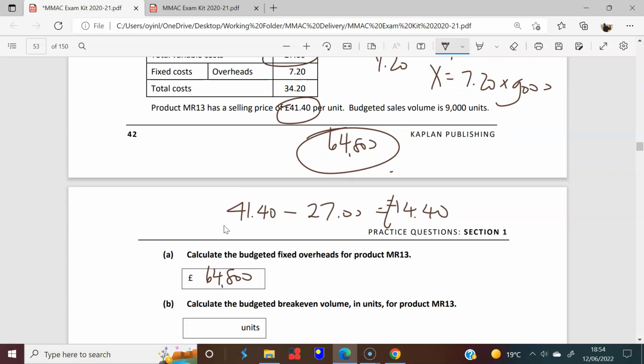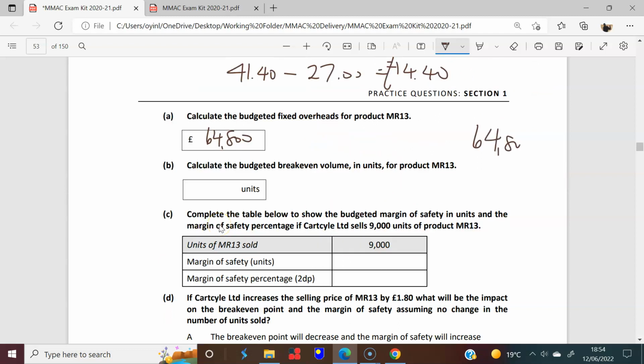So we now have 64,800 divided by the £14.40, which is equal to 4,500 units. So 4,500 units is what we're dealing with here. It says that the plan is to sell 9,000 units, and that seems to be the case here.